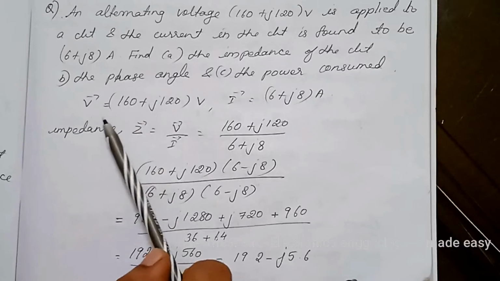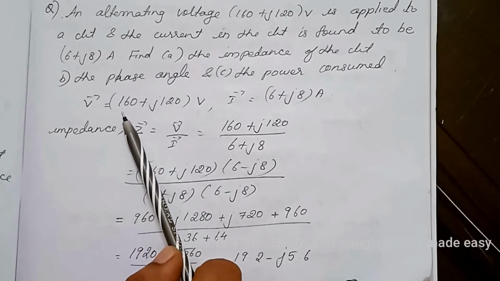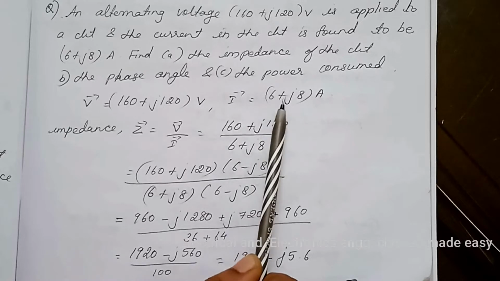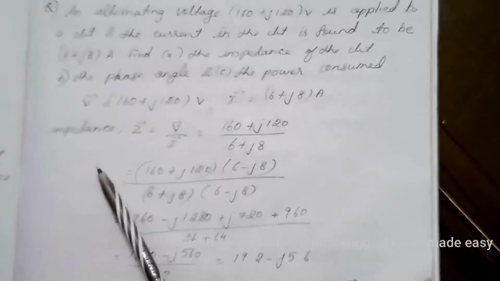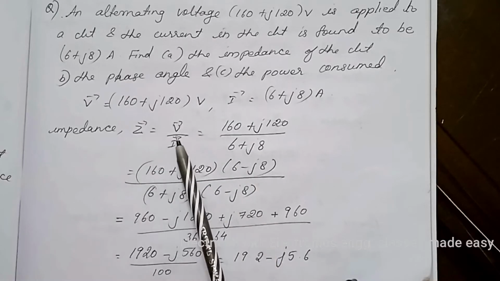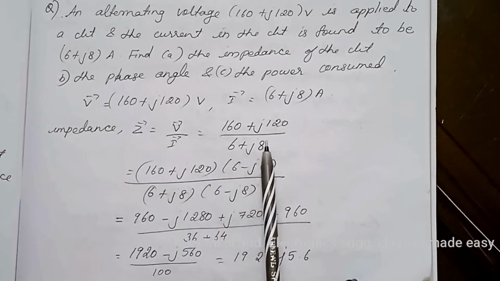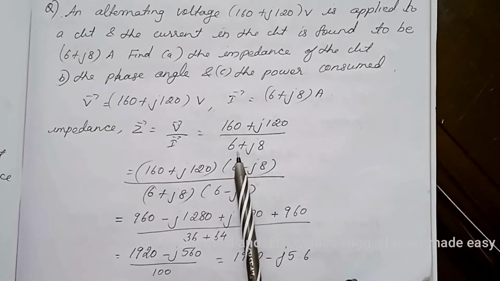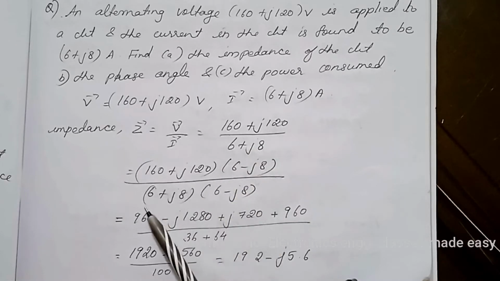The given data are voltage V is equal to 160 plus j120 volt, current I is equal to 6 plus j8 ampere. And impedance Z is equal to V by I, that is 160 plus j120 divided by 6 plus j8.